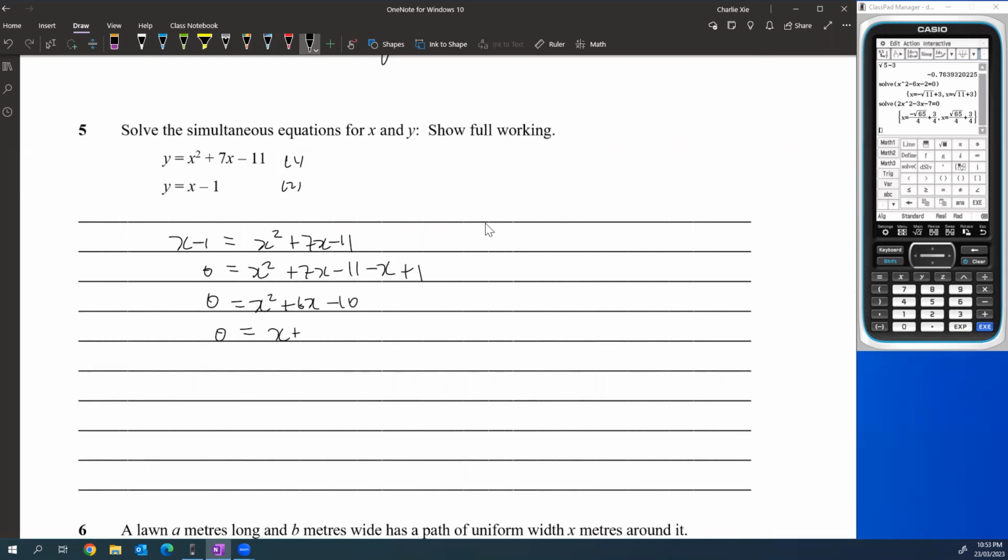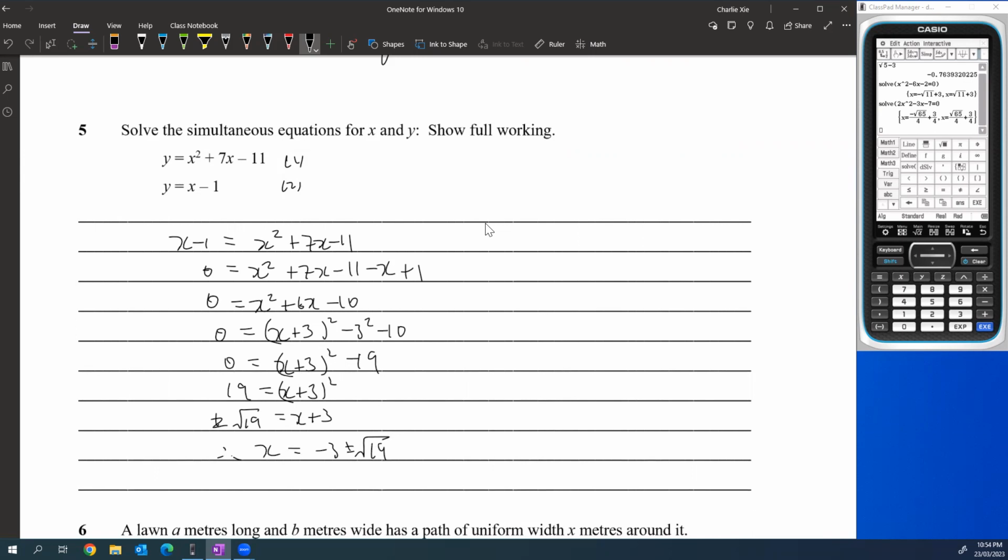So x plus 3 bracket squared minus 3 squared minus 10. So x plus 3 bracket squared minus 9 minus 10, so minus 19. Plus 19. With the perfect square, we unsquare. So plus or minus square root of 19 equals x plus 3. Therefore, x equals negative 3 plus or minus square root of 19.